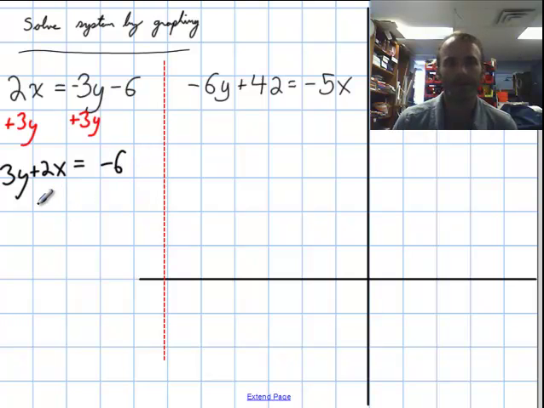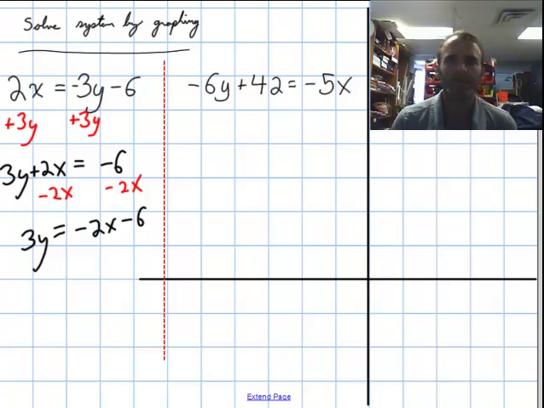Alright, now I want to get the x over here, so I'm going to subtract 2x from both sides. And that gives me 3y is equal to negative 2x minus 6. And just so there's no confusion, that's an equal sign.